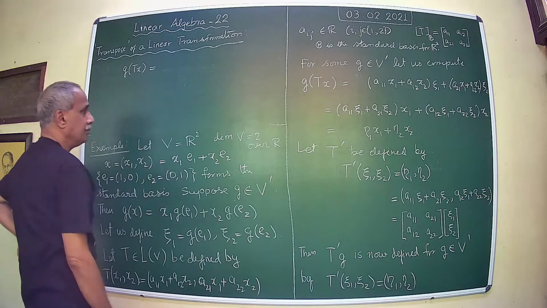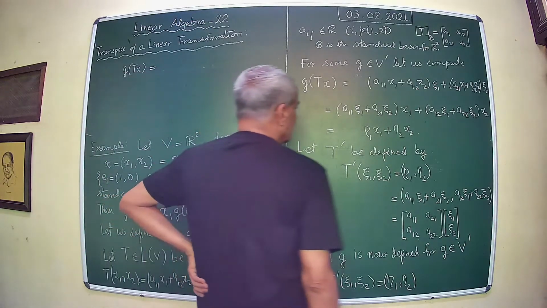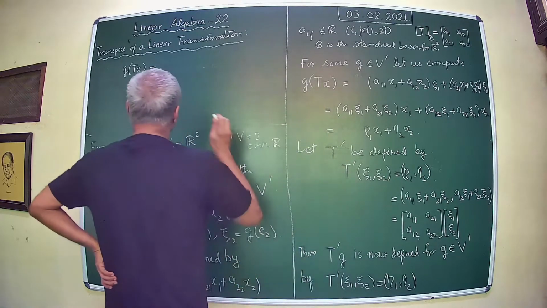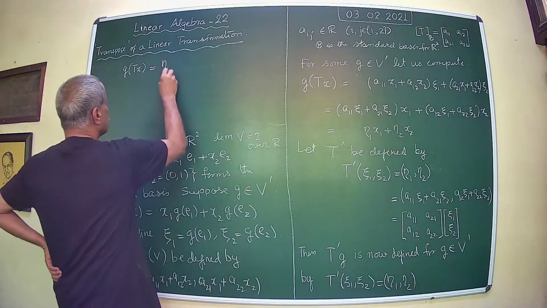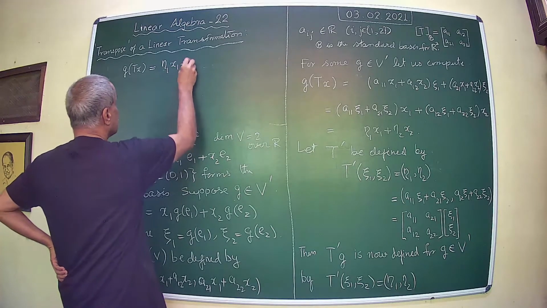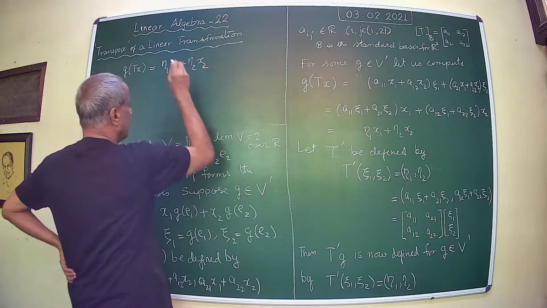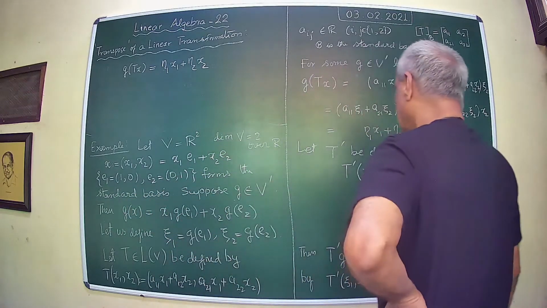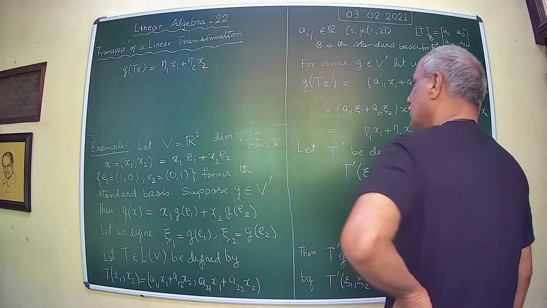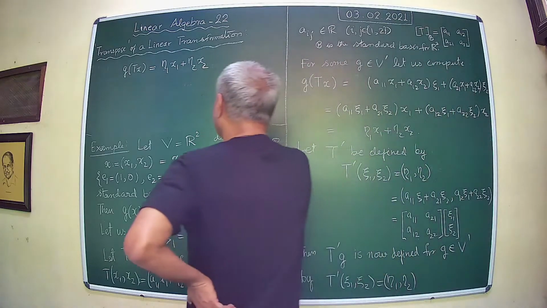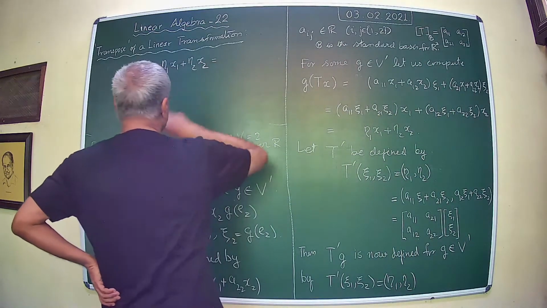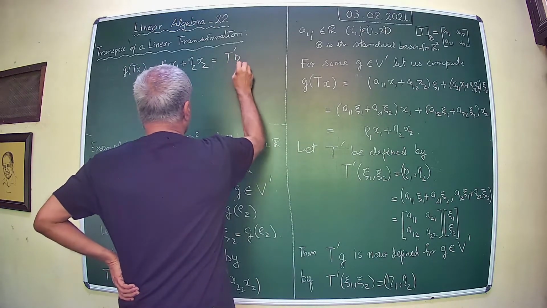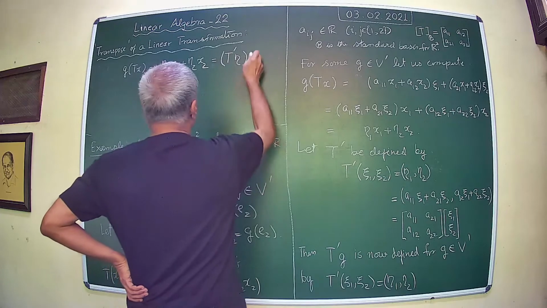This is equal to x2, okay, and this I write as, this is equal to T prime eta acting over x.